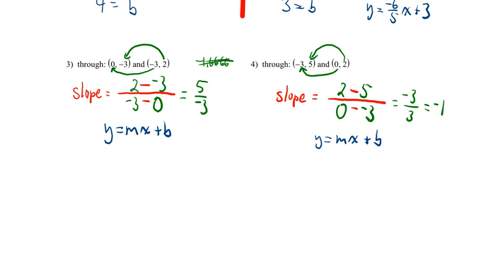Okay, so we'll use this for x and this for y. So 2 equals, and the slope is m. So 5 over -3 times -3 plus b.